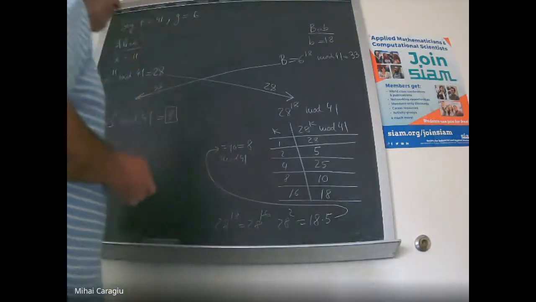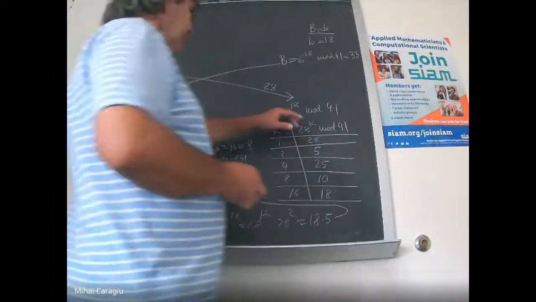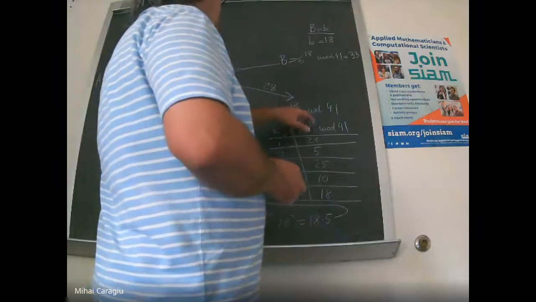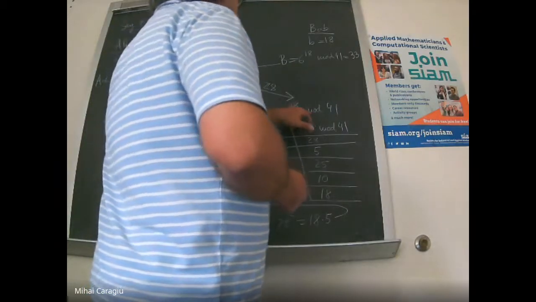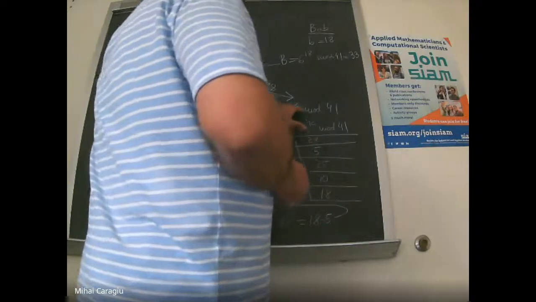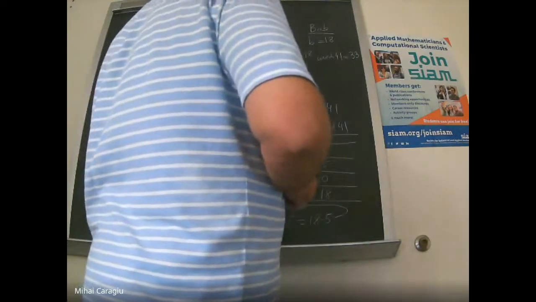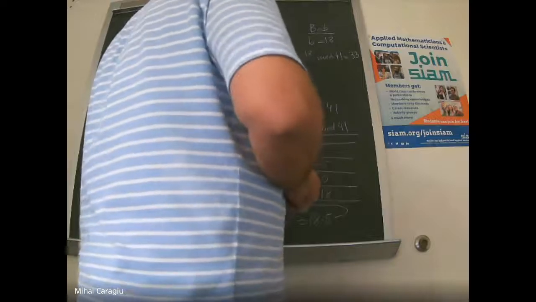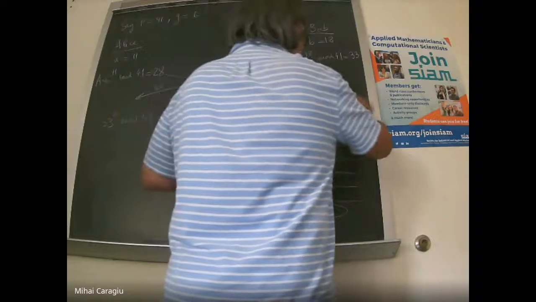So Bob's calculation is summarized here. Bob calculates 28 to the power of the code he receives from Alice, capital A, and after this fast exponentiation, he gets the same number 8. So this would be 8 again.